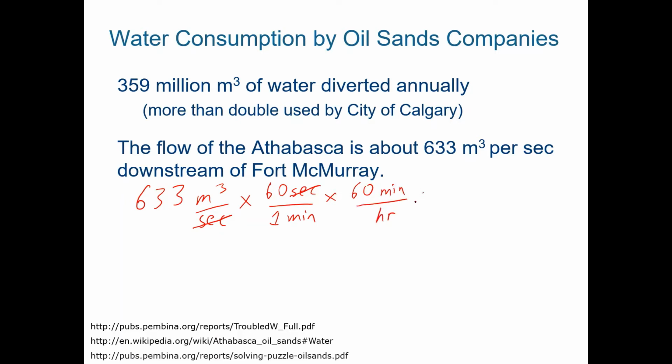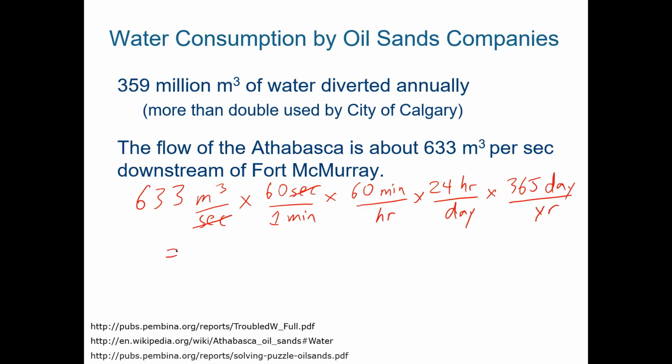And then we convert that to days, 24 hours per day. And then, of course, 365 days per year. Okay.